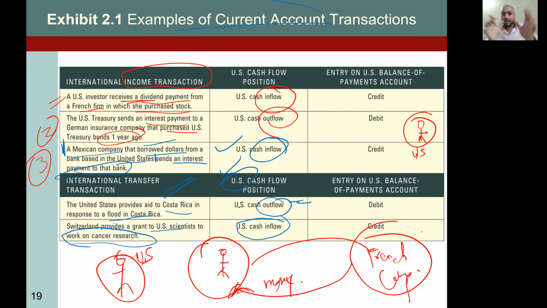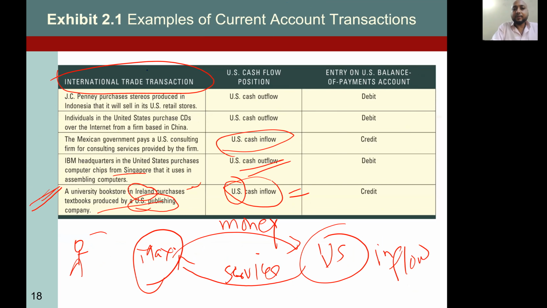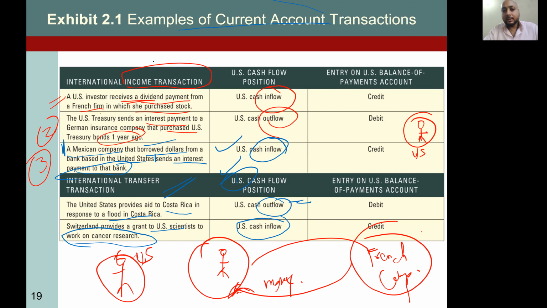So now you have the idea of which transaction will go under which account. If this is buying and selling like normal business goods, raw materials purchasing from that country or selling goods to other countries, that is the trade transaction. If there is income on the financial assets, for example, you purchase stocks and bonds from other companies in other countries, then it is under international income transaction.